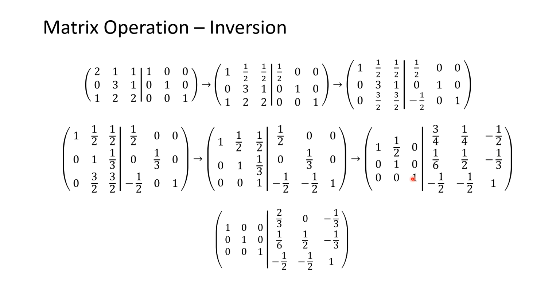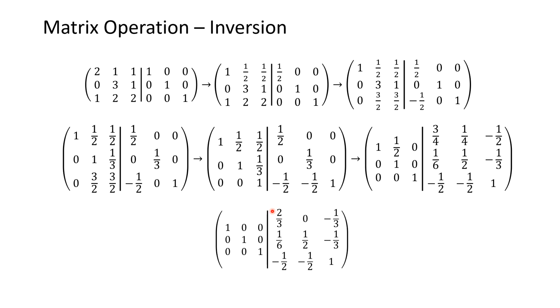And we're almost done. We just need to eliminate this 1/2. So we take minus 1/2 the second row and add it to the first. And we get a 0 here, and then again, I'll leave the computations to you, but you get this here. So what you might want to do is just to practice your matrix multiplication.